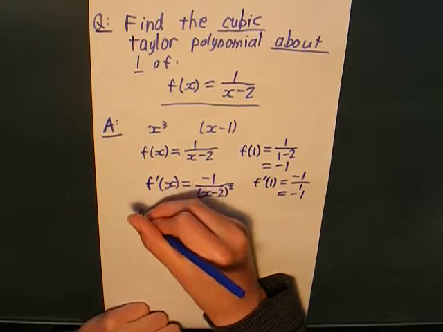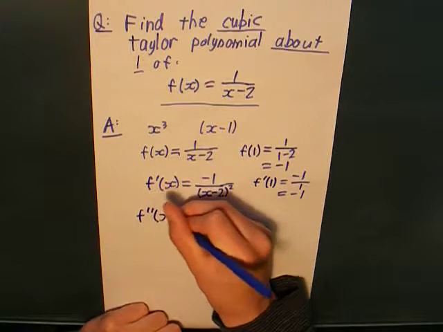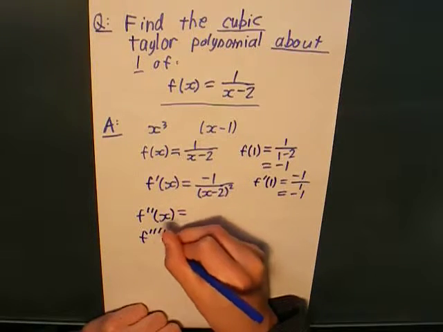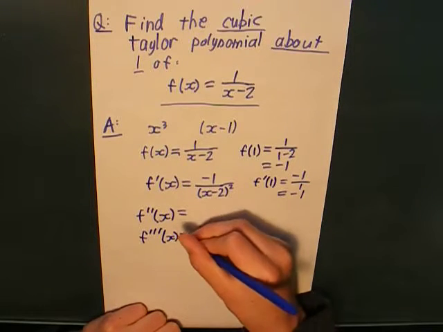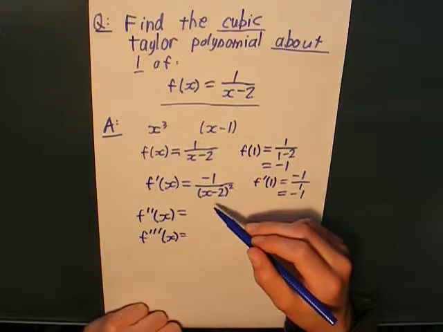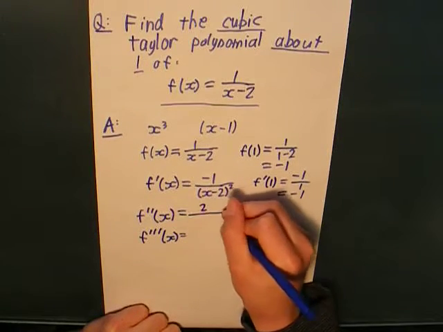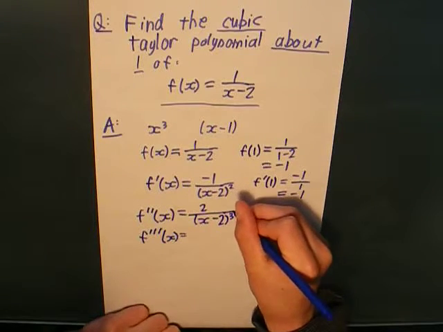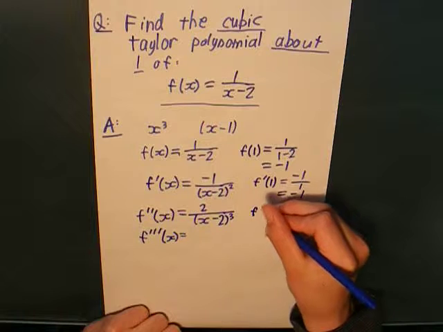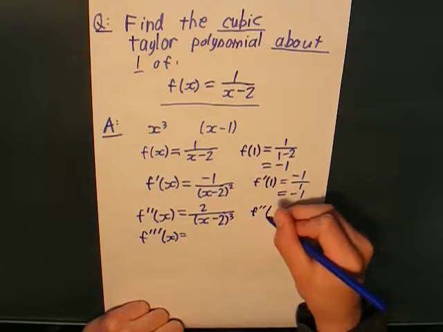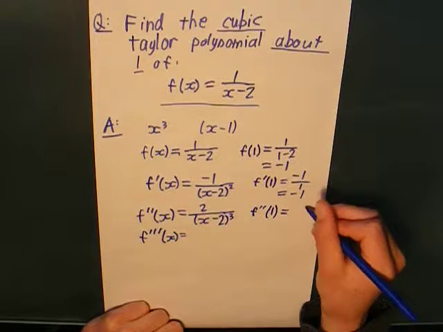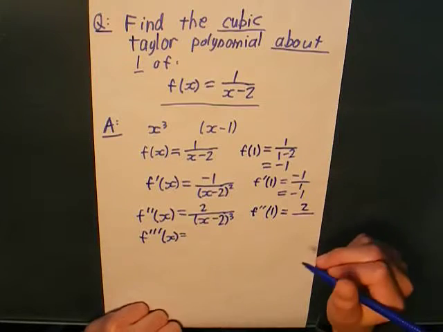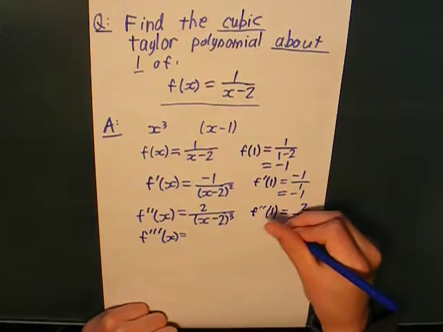Okay, so f double prime of x. Now because it's cubic, you stop at the third order derivative, so f triple prime of x is your last one. Now f double prime is just 2 over x minus 2 cubed. F double prime of 1 is 2 over 1 minus 2, which is minus 1 cubed, minus 1, equals minus 2.